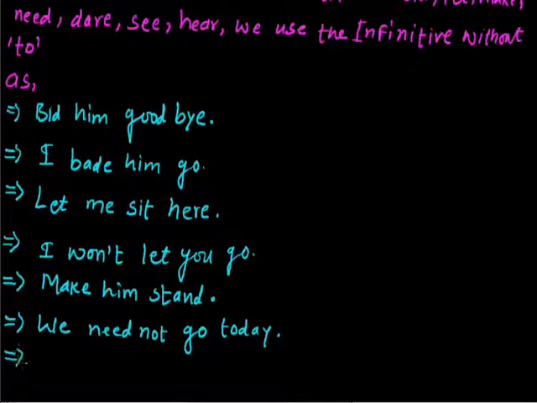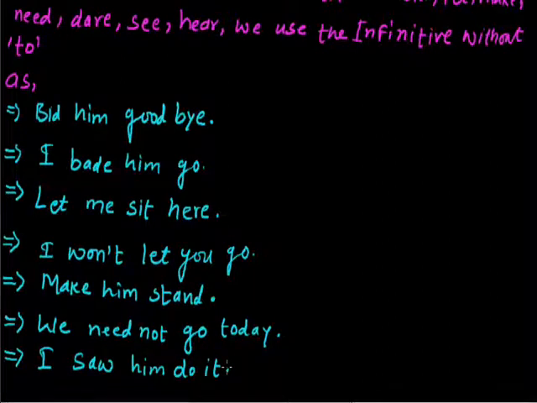With see, I saw him do it. Again, I'm not using "to" before the verb do. So these are the examples that with certain verbs we do not use "to" in the infinitives.